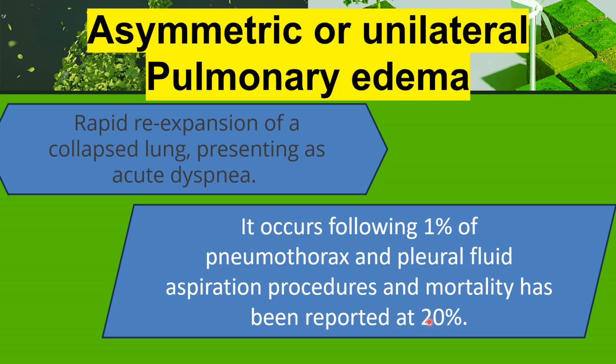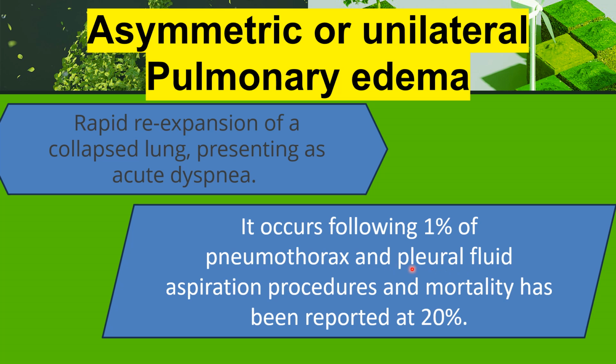In patients with pneumothorax and pleural effusion, the adjacent lung will be collapsed due to the pressure of the pneumothorax and pleural fluid.